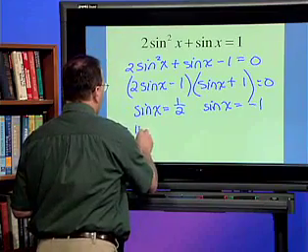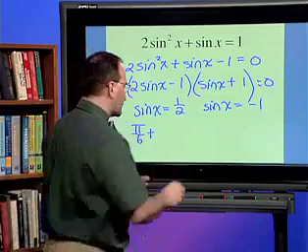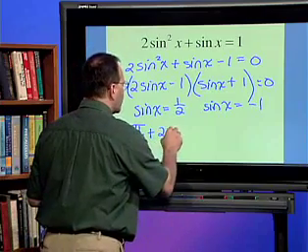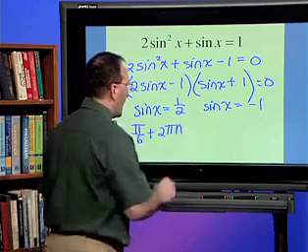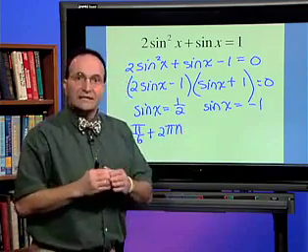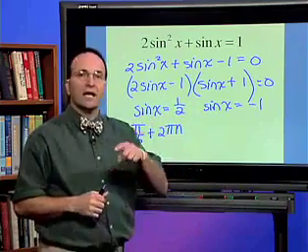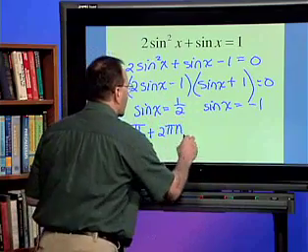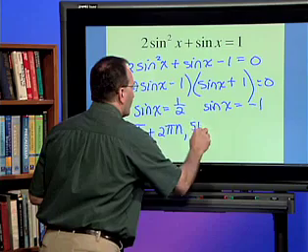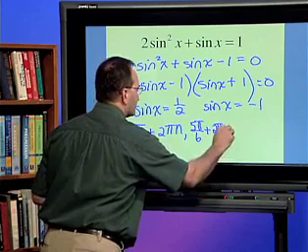However, further than that, we also have to remember that it's periodic, so this would be pi over 6 plus 2 pi times n, which takes the period into account for all of the angles that would work for that. We would also have 5 pi over 6 plus 2 pi n.